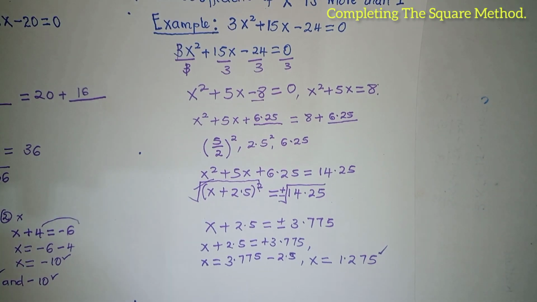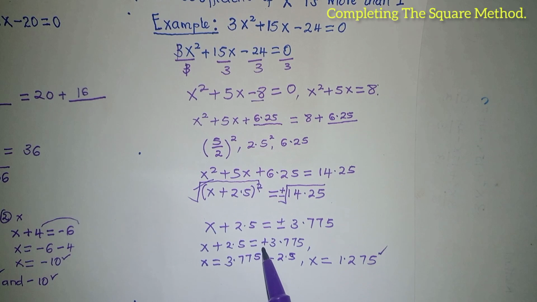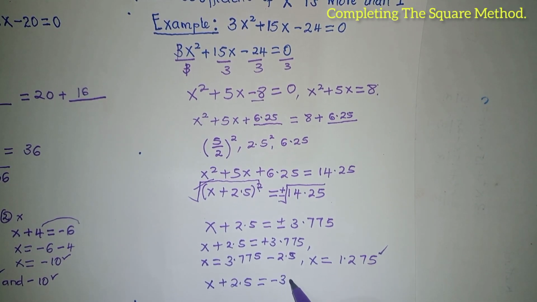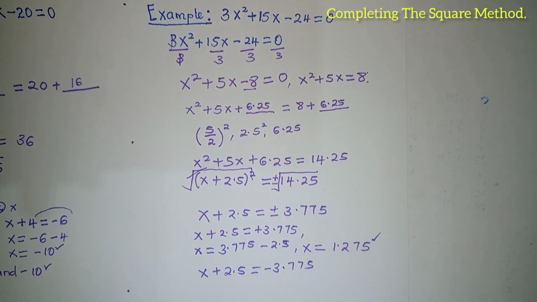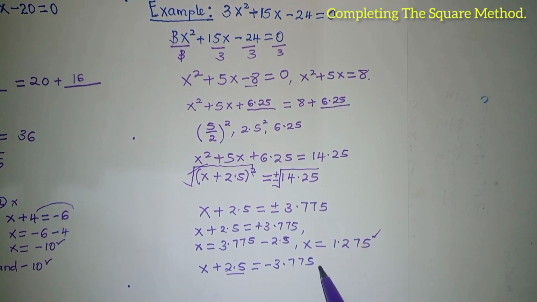The next is to find the value of x when 3.775 is negative. So we write x plus 2.5 is equal to negative 3.775. Next we move 2.5 to the other side, so x is equal to negative 3.775 minus 2.5.